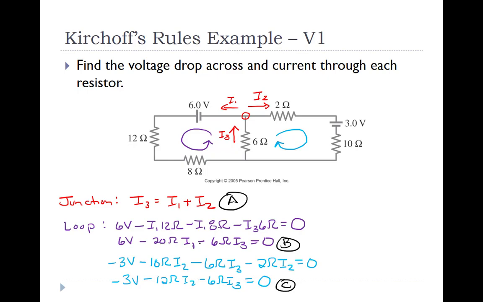Once I have B in terms of I2 and I3, then I can use B and C together, or the new B, if you will, and C together in order to solve for one of those two. Remember, when you're solving simultaneous equations, what you're trying to do is eliminate a variable. So the first step I'm going to do is get rid of I1 from my equations.